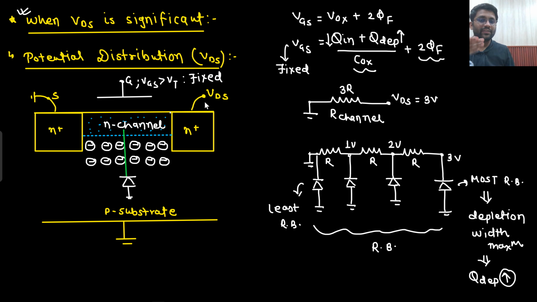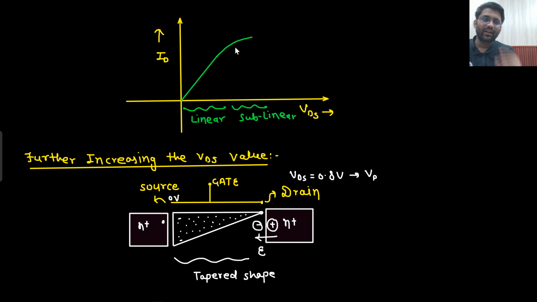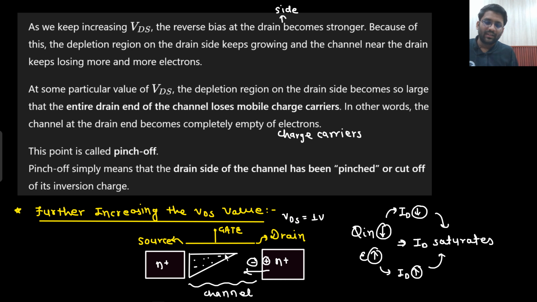When we are increasing the VDS value, what is happening? Your channel is being depleted from the drain and it will keep on depleting, and it will keep on reducing the speed of current. Like here the current was increasing in a very good manner, but now the current is slowly increasing, and after some point when the drain end is completely depleted of charge carriers, the current would saturate. After that the channel length will keep on reducing, but this high electric field and these charges would make sure that the current saturates.